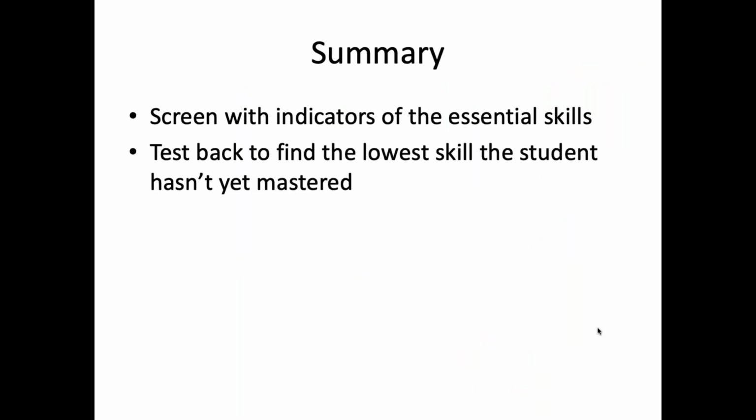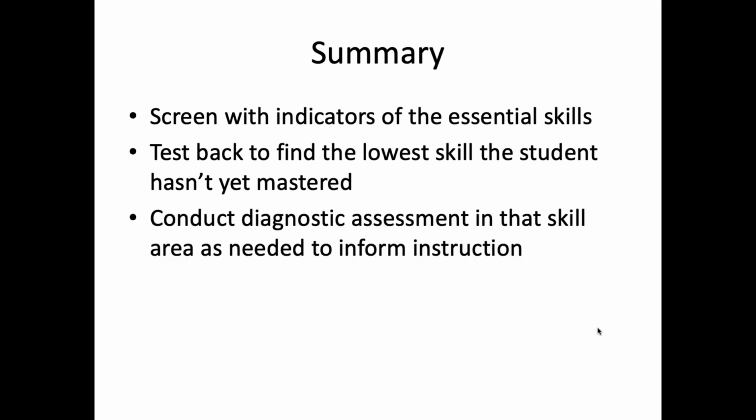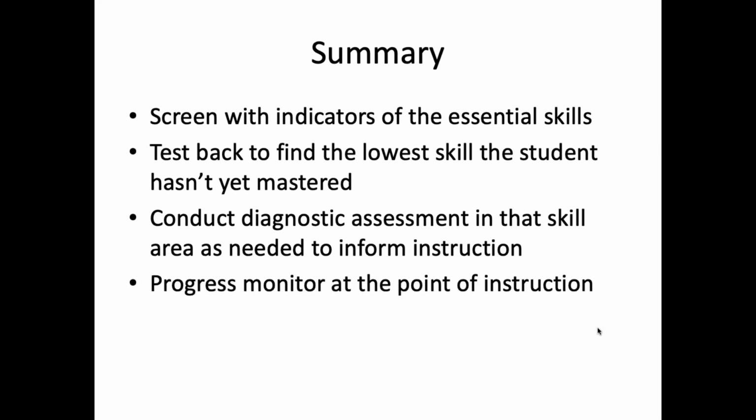Test back as you need to with older students to find that lowest skill that the student hasn't yet mastered. Conduct diagnostic assessment in that lower skill area as needed to inform your next steps for instruction, and then line up your progress monitoring with that point of instruction, even if that's using below grade level progress monitoring measures.